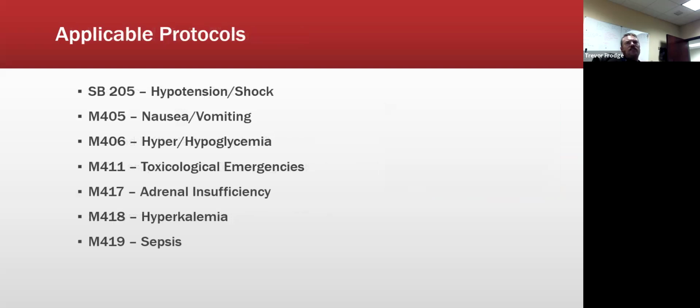Another thing with belly pain patients is there's a lot of protocols, and there's not one single one that deals with abdominal pain. So hypotension and shock, nausea, vomiting, our diabetic protocol, overdose protocol. So if you think of like, hey, I took a bunch of Tylenol, I took a bunch of pills, adrenal insufficiency, hyperkalemia, and sepsis. So we have all these different protocols that kind of warp into things that deal with the belly.